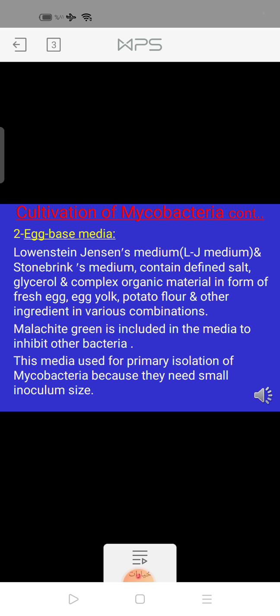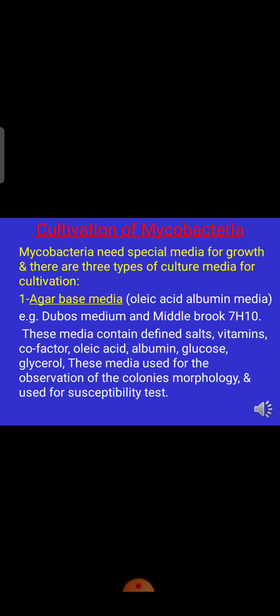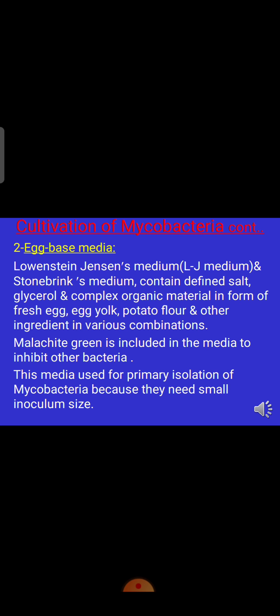Malachite green is included in this media to inhibit the growth of other bacteria.